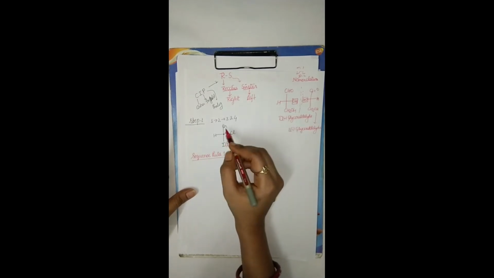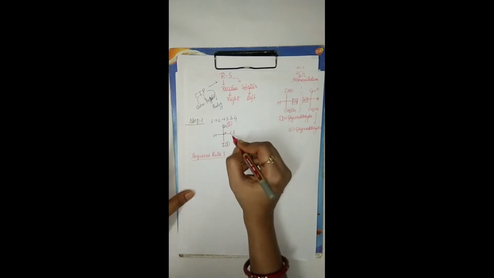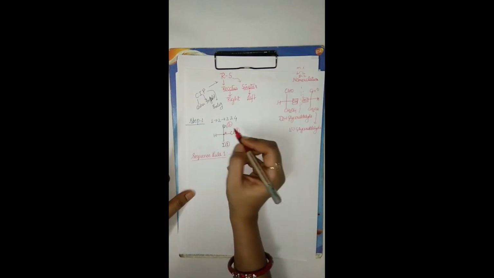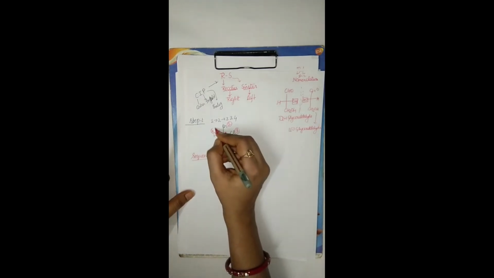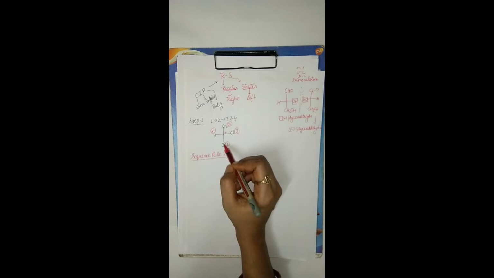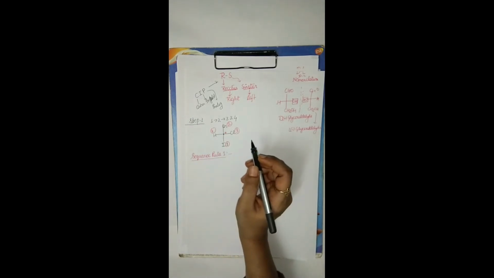After that, this one has the next highest atomic number, it will get number 2. And Cl has atomic number 17, and this one will get number 3, and H is the lowest priority, which always gets priority number 4. Okay students, as we know that the atomic number of iodine is much greater than bromine and then Cl. Then what is the conclusion?